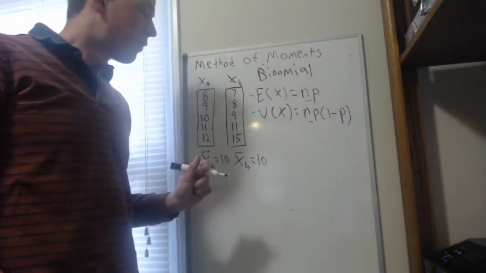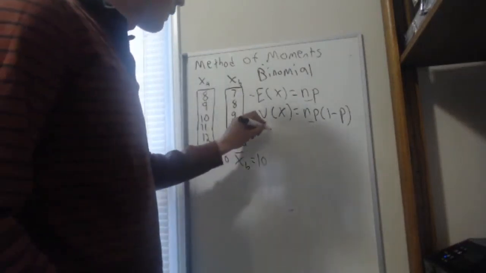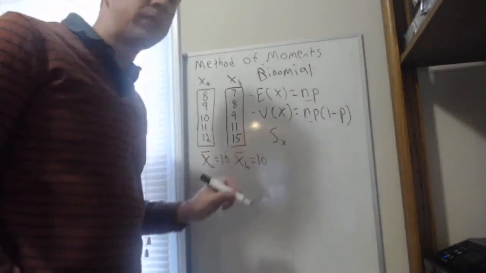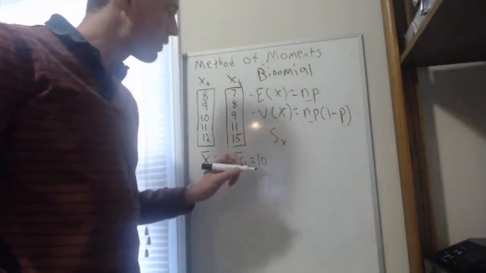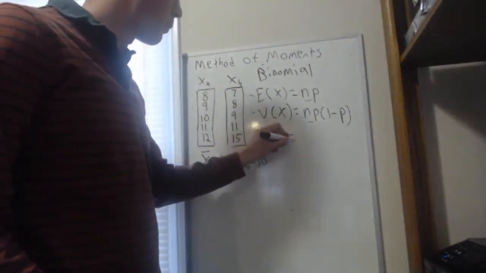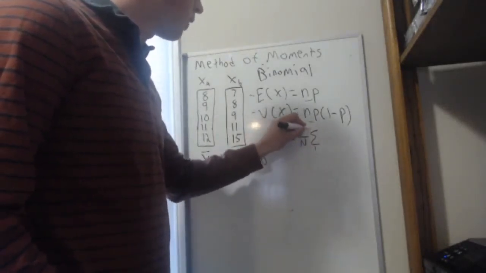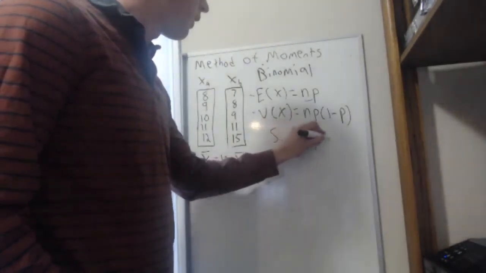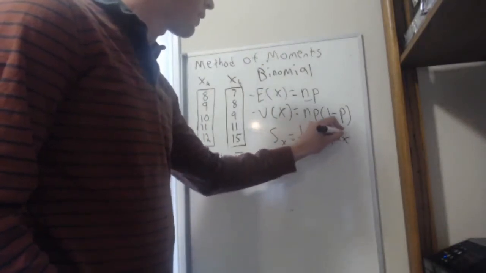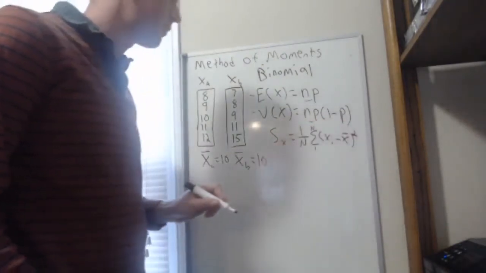The sample variance for each of these cities, and this is digging back into your statistics memory bank, the sample variance, the variance of a sample, is going to be 1 over n times the sum from 1 to n of xi minus x bar squared.